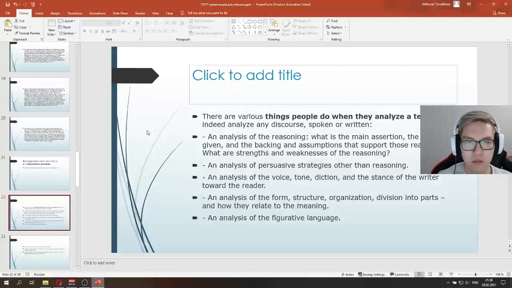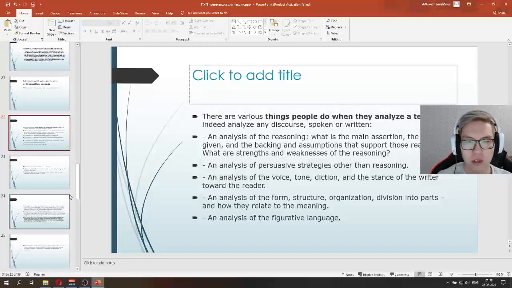An analysis of persuasive strategies other than reasoning. An analysis of the voice, tone, diction, and the stance of the writer towards the reader. An analysis of the form, structure, organization, division into parts, and how they relate to the meaning. An analysis of the figurative language.